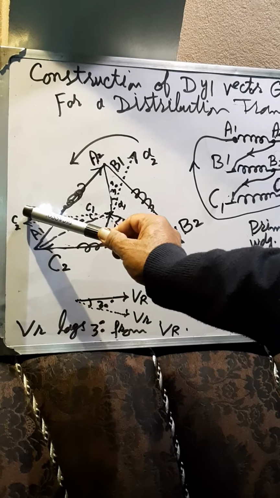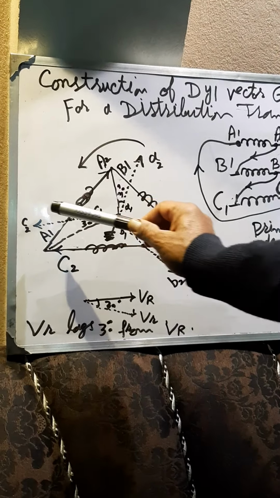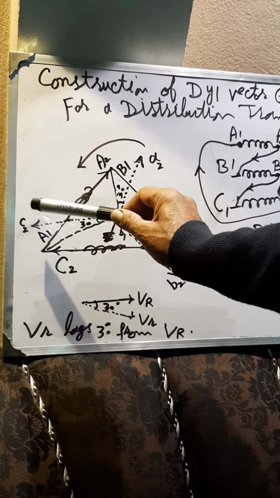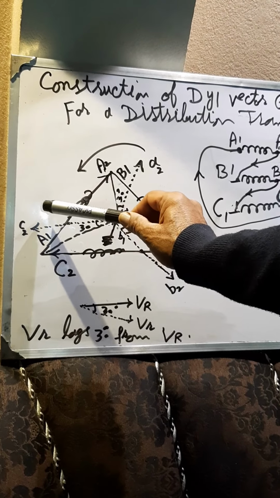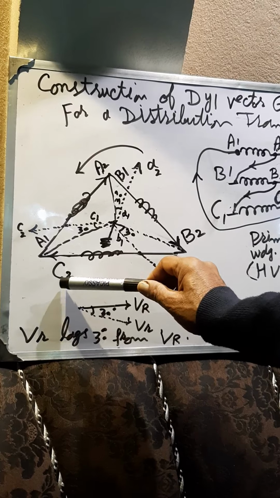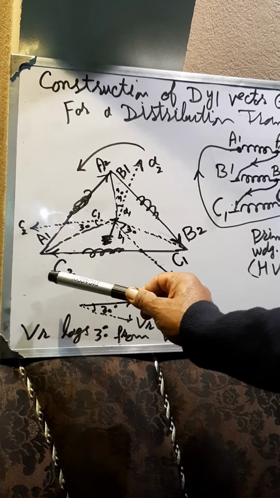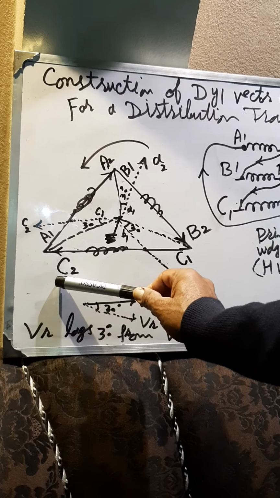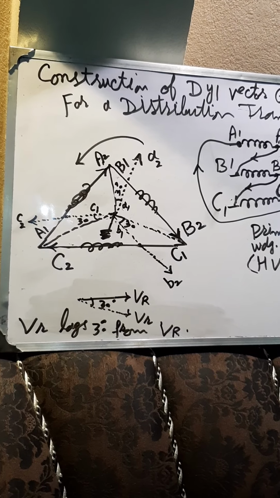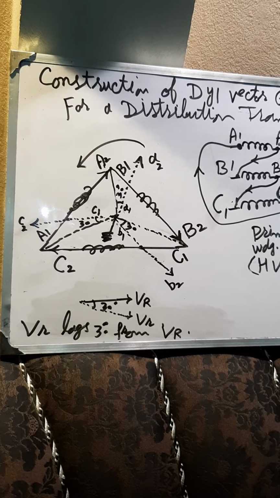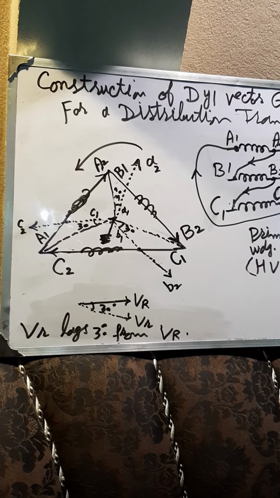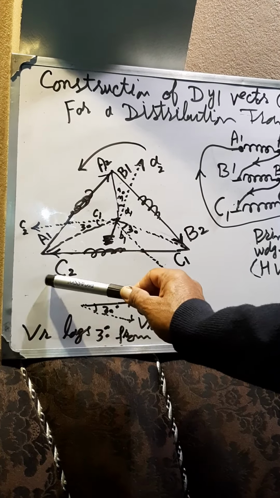This C2 and this C2 are parallel. As the current flows in small C2, similarly in the same sense current flows in this primary C2, and both are parallel. This single C2 means this is the blue phase primary winding line vector C2.